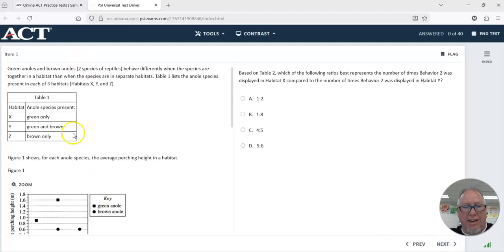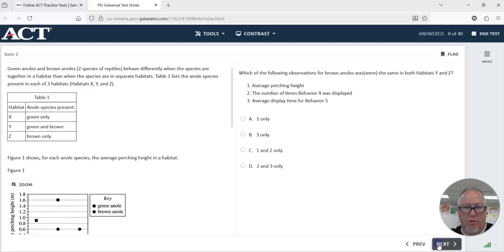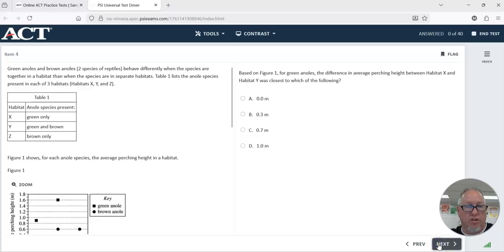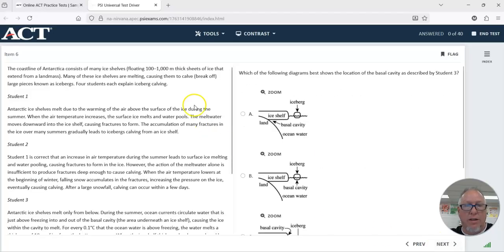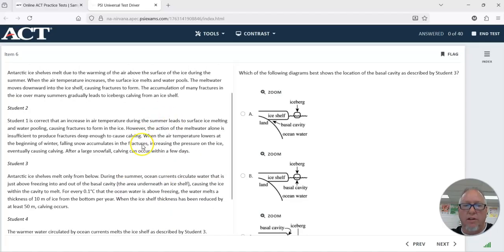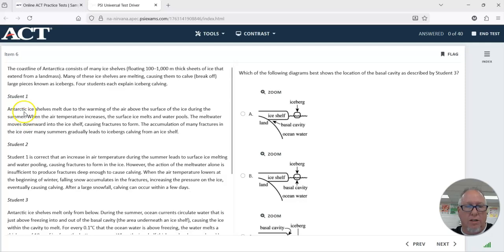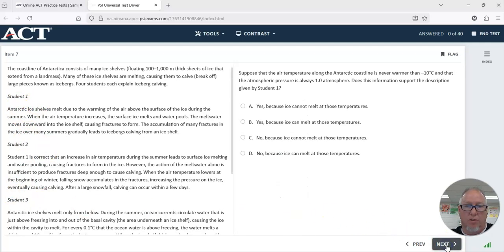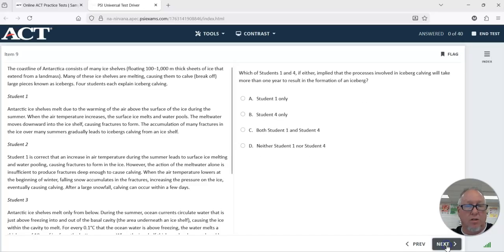There's not a lot of reading, and there's only charts and graphs to do. I'm going to go forward because the charts and graphs only has 5 questions. So here's another type of passage. This one's conflicting viewpoints. When I see student 1, student 2, student 3, that's definitely conflicting viewpoints. And then there's going to be 6 questions associated with this passage.